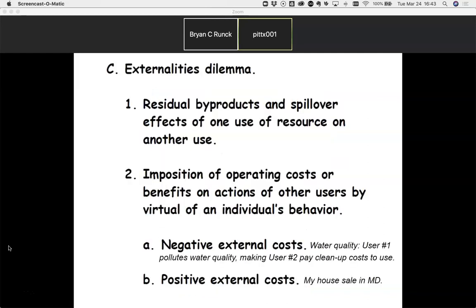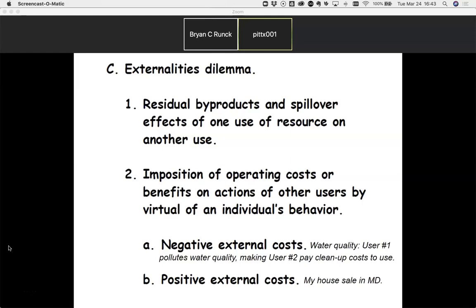Externalities dilemma is associated with residual byproducts and spillover effects of one use of resource on another use. There is an imposition of operating costs or benefits on actions of other users by virtue of an individual's behavior. These can be either negative externalities, negative external costs, or positive external benefits.